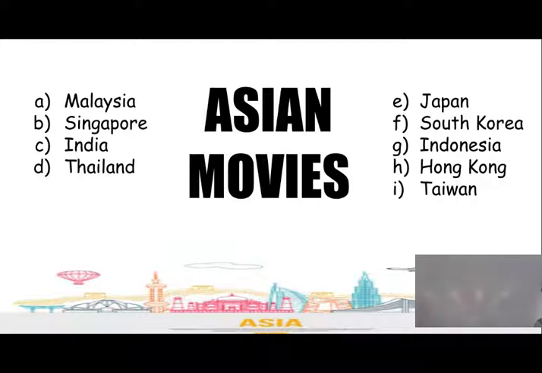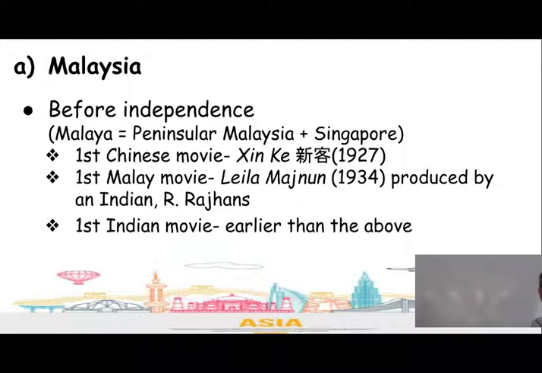Now, I will introduce some Asian movies to let you know how movies and culture tie with each other. First, Malaysia. Before Malaysia got independence, Malaysia was called Malaya. It was the combination of Peninsular Malaysia and Singapore. The first Chinese movie and also the first movie produced in Malaysia is Sin Ke.